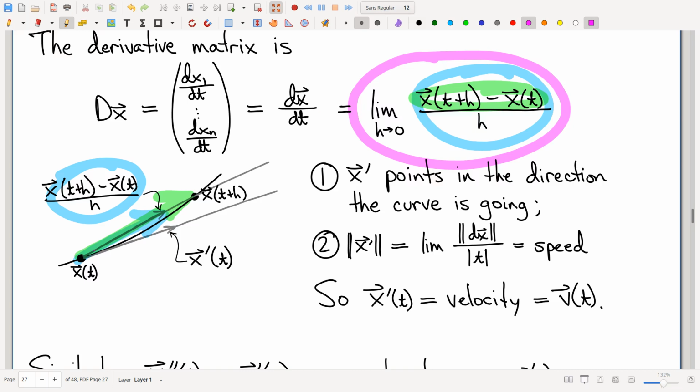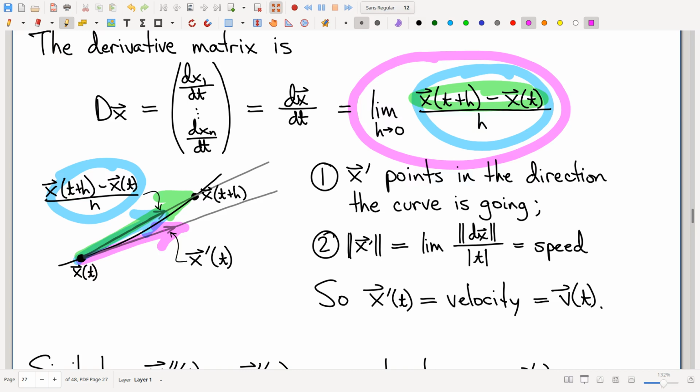And so you expect in the limit that all of these blue fraction vectors would get more and more, and eventually in the limit, tangent to the curve. So there's a picture of what the derivative of a parametric curve looks like. Is everybody on board so far? Everybody's happy?